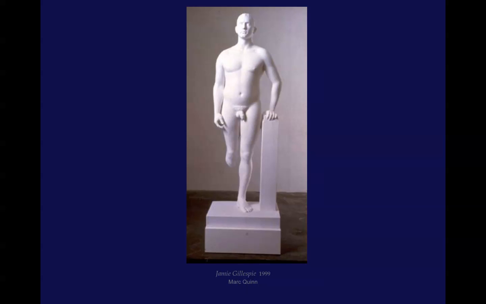And so this is Jamie Gillespie, and Mark Quinn cast him in white plaster and then exhibited him next to all these Greek and Roman statues. And so it was a very interesting contradiction and paradox between the classical ideals of beauty, and right next to them are people that are considered deformed or lacking or missing.